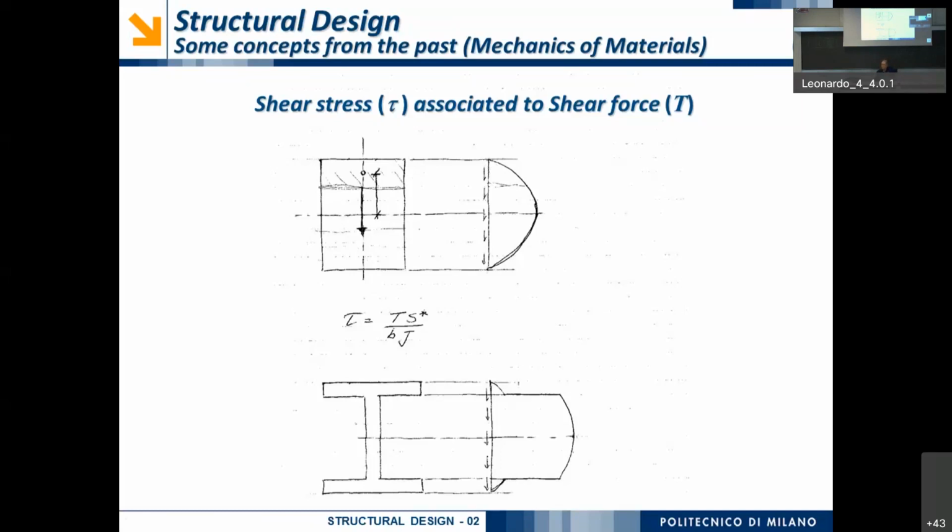But when I'm looking at the area below, the area is the area of the entire cross-section. And the static moment of the entire cross-section with respect to its center is 0 as well. Okay? Now, when I'm doing a section at this level, if I'm considering the area above, I will have a certain value of the static moment.